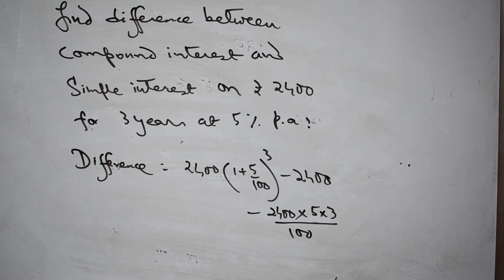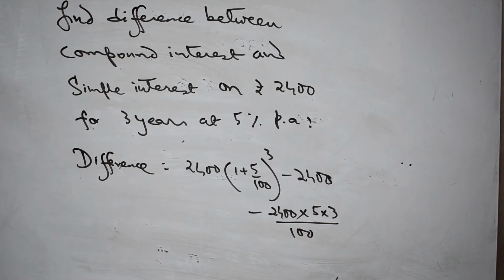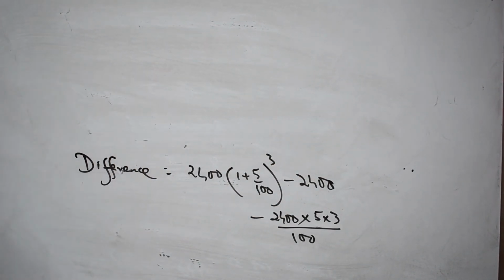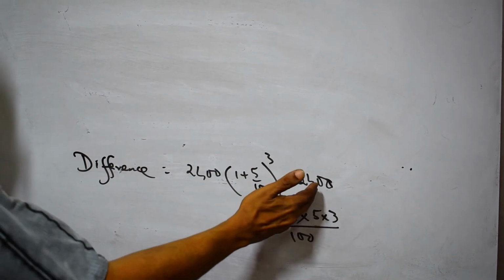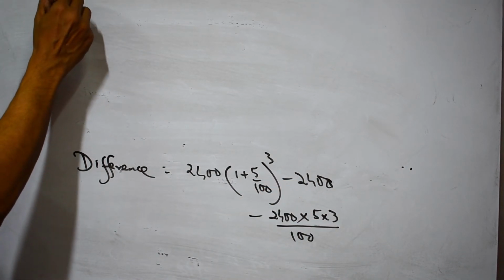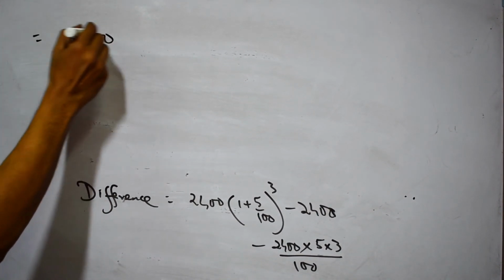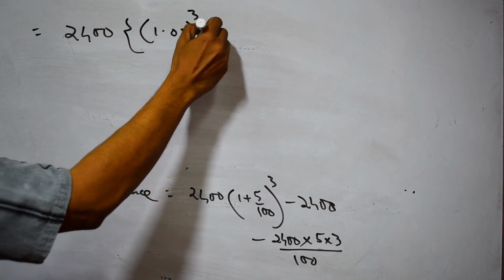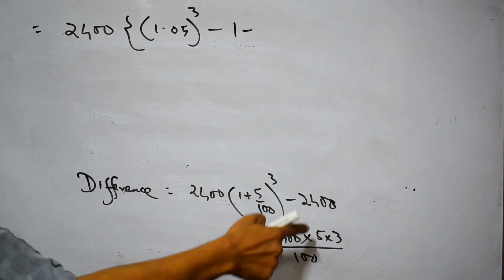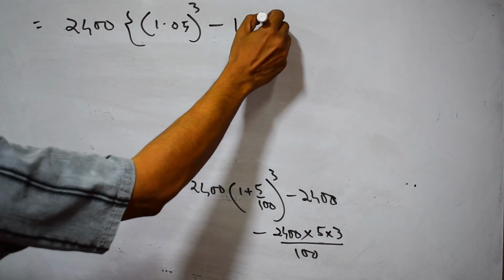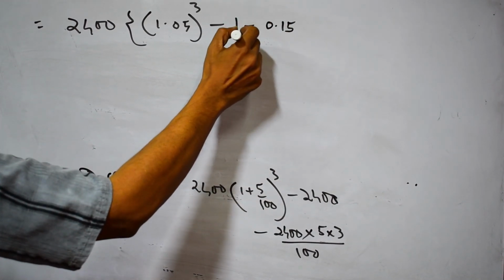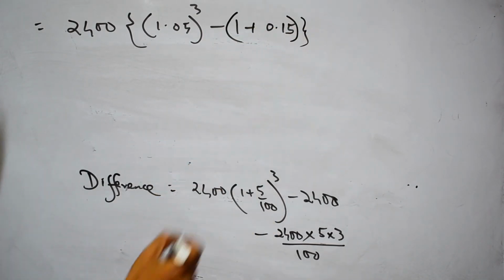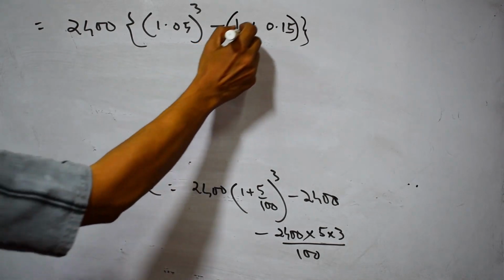If you watch this expression, we have a very quick idea. If you take 2,400 common, we get 2,400 times 1.05 cubed minus 1 minus 15 by 100, which is 0.15. If I take them together, it is plus with a bracket, that is 1.15.